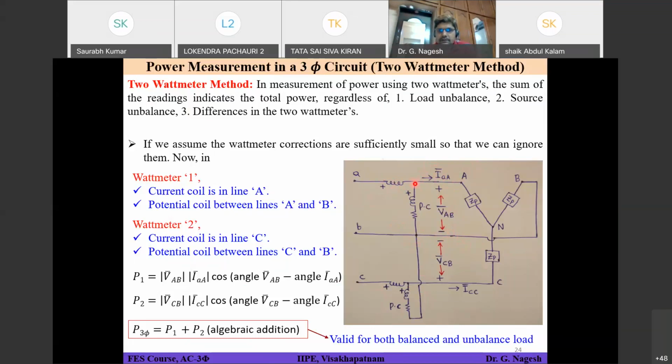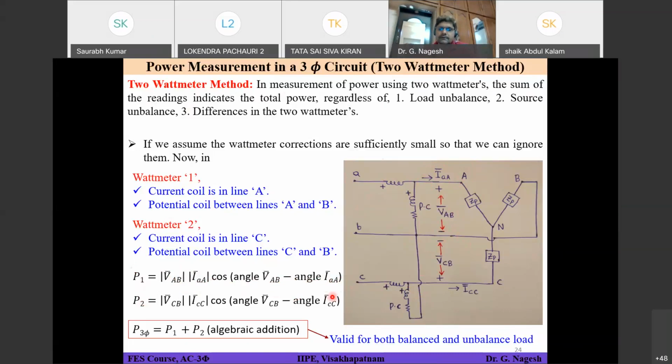Since the potential coil is connected between line A and line B, you have to consider the RMS value of the voltage VAB when calculating. And what is the current flowing? IAA. So the RMS value of the current IAA into cos of the angle of VAB minus the angle of IAA. So Vrms into Irms into cos of theta minus phi, that is what this formula is.